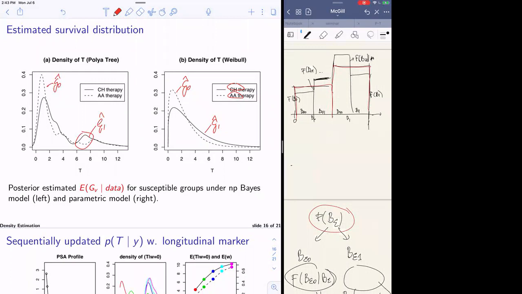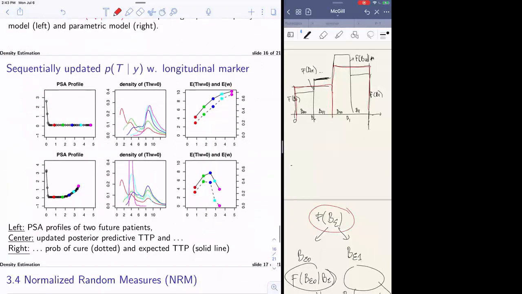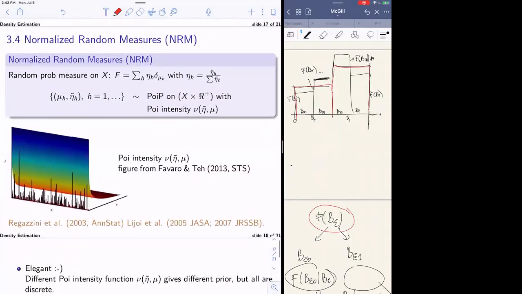You totally lose it when you just use a parametric model, because the parametric model doesn't allow that. But obviously for those patients who fall into the secondary mode, it's very important. This is a time to progression, so it's actually a desirable thing. So that's all I wanted to tell you about that example.